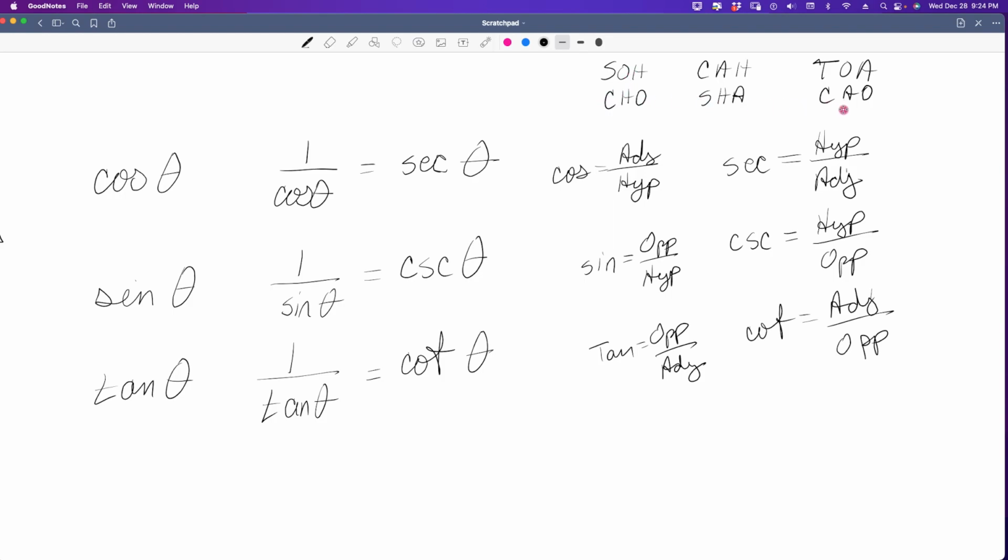But CSC, which is your cosecant, is the first letter of each one of these, so that helps me to remember the order, which tells me the names: cosecant, secant, cotangent, under tangent. So go ahead and put those in your notes and we'll do a couple little practice problems.